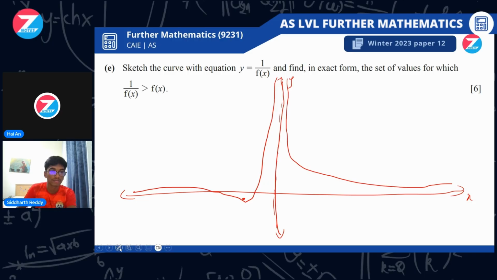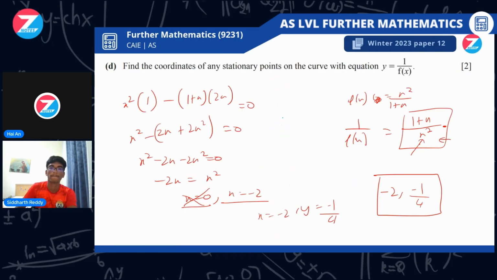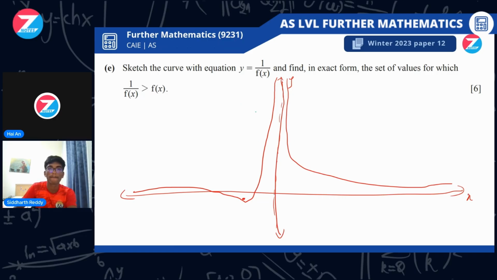I'll draw it in a different color actually. And we had here at minus 2, minus 4, another turning point, something like this. So we're asking at which points 1 by f of x is greater than f of x?